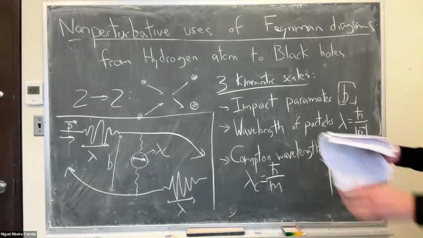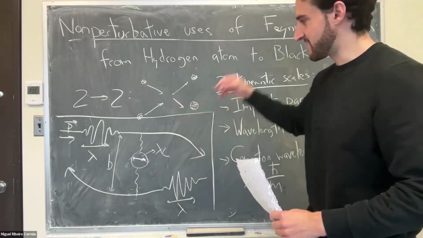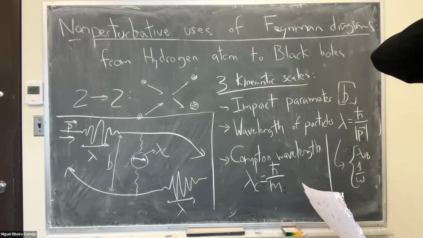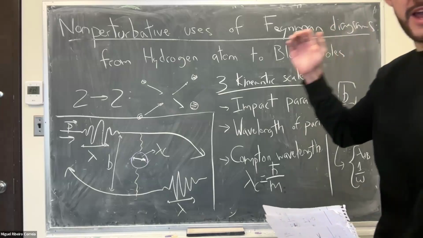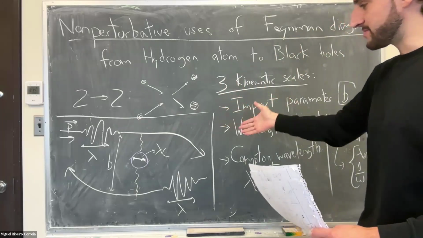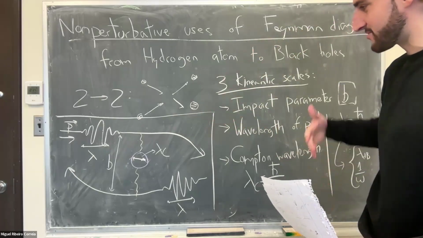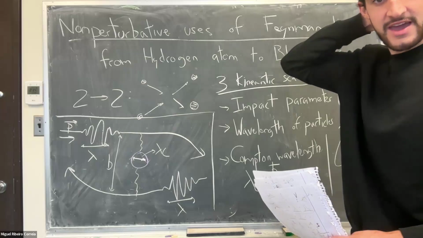So this picture encapsulates all these kinematic scales. This discussion is good because I didn't have to introduce any coupling, any strength, so all these kinematics apply to QED, to gravity, to any system.